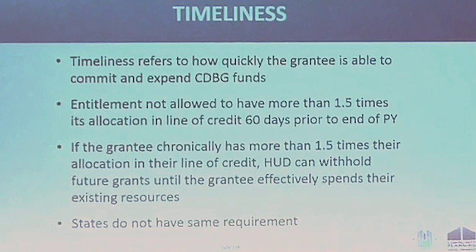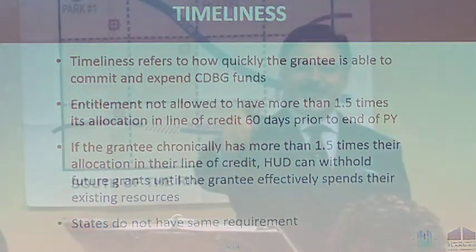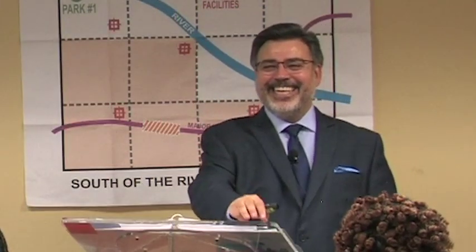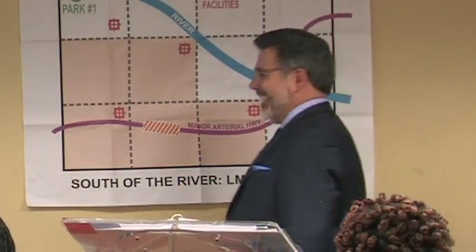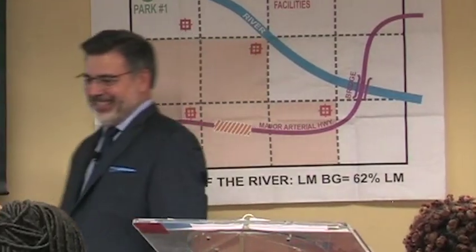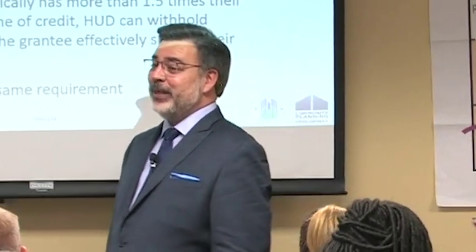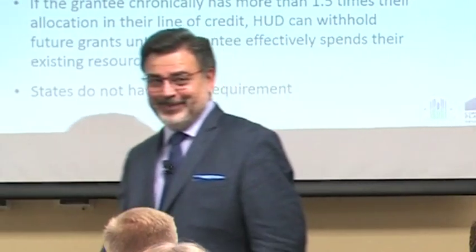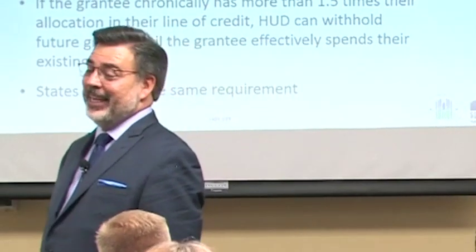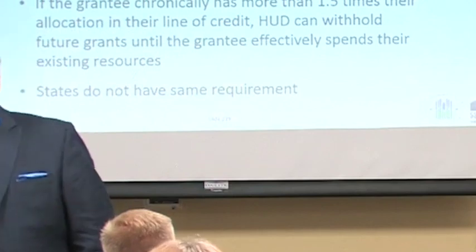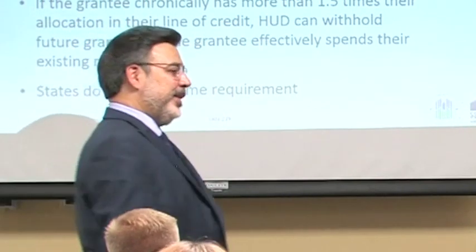If you want to see how much you have available of unexpended funds, go and pull a PR 56. You know it by heart. Yes, a PR 56. I will give you some advice if you are running real close. Do not do it the day before. And there's a reason why.